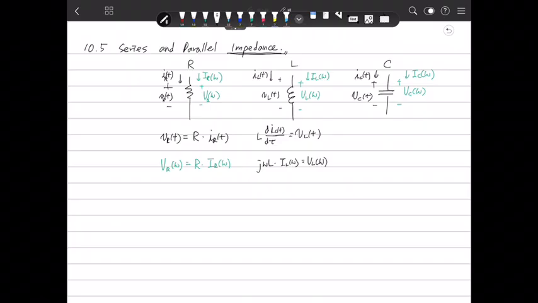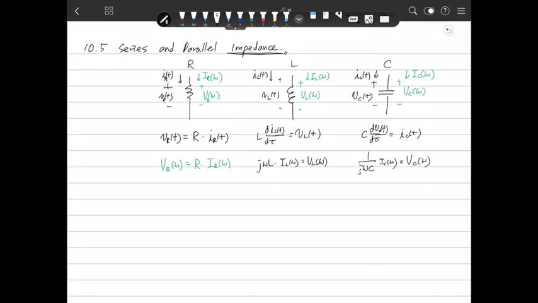And in the case of the capacitor, it is very similar. V_C(t) is 1 over C times the integral of I_C(t). In the phasor, we can rewrite it as 1 over j omega C times I_C(omega) is V_C(omega).